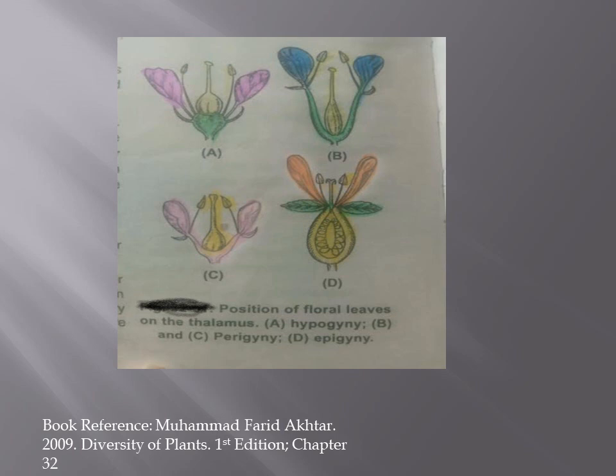I have told you about androecium, parts of androecium, different types of stamens, different types of anthers. I have told you about gynoecium, different types of gynoecium, pistil. What is pistil? I have told you about the placenta. I have told you about the inflorescence.